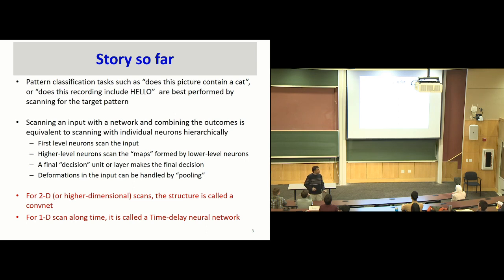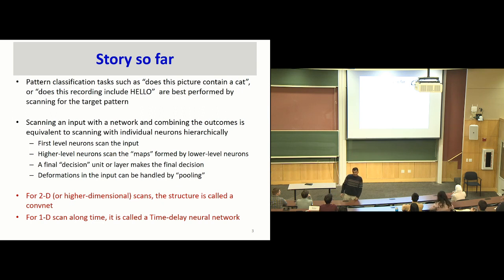So the first level neurons scan the input, higher level neurons scan the maps that have been produced by the first level neurons, and so on. And then a final decision unit or a decision network can combine the decisions taken at individual locations.